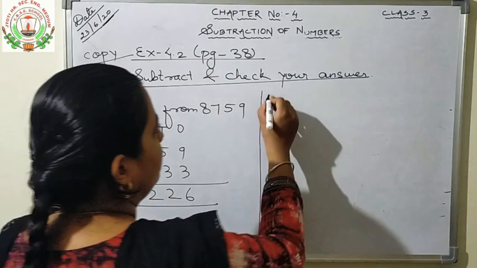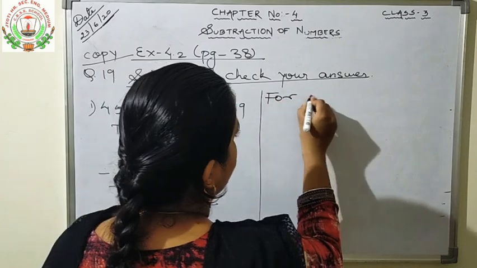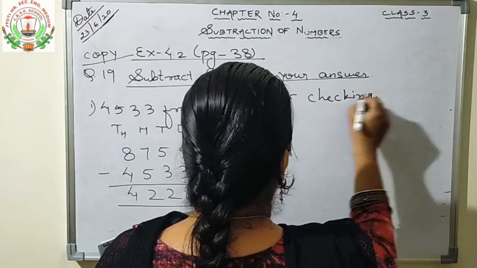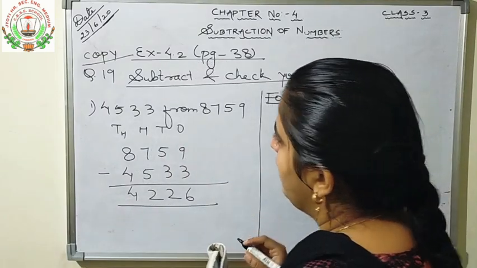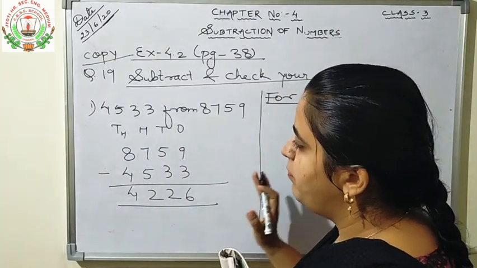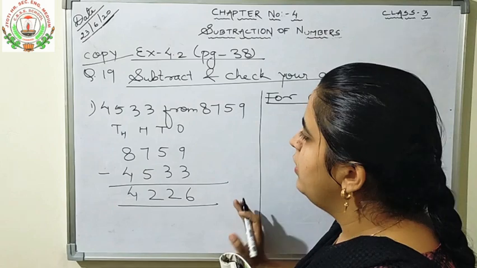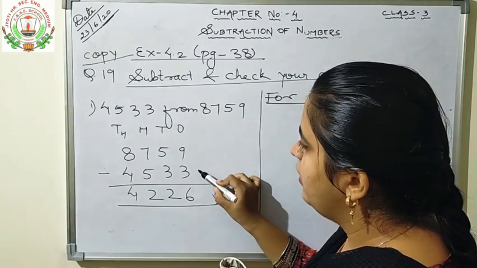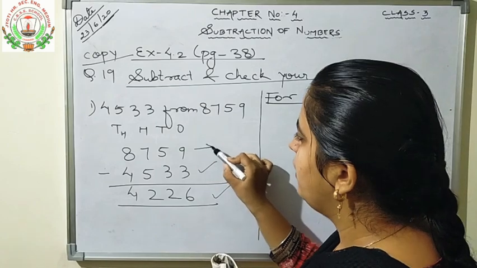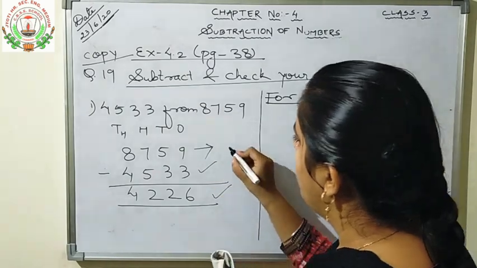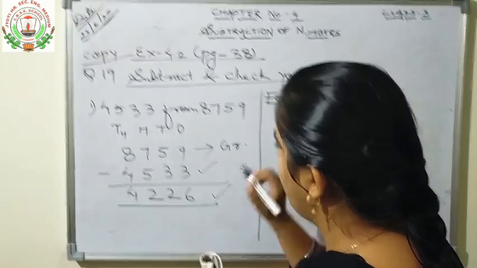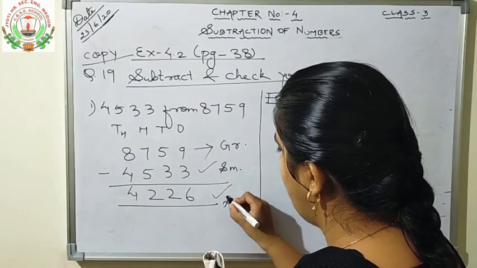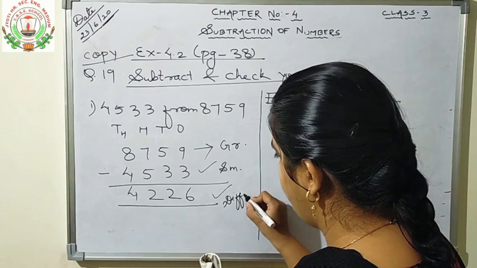In simple words, we have to add the difference and smaller number to get the greater number. This is our greater number, this is smaller number, and this is the difference.